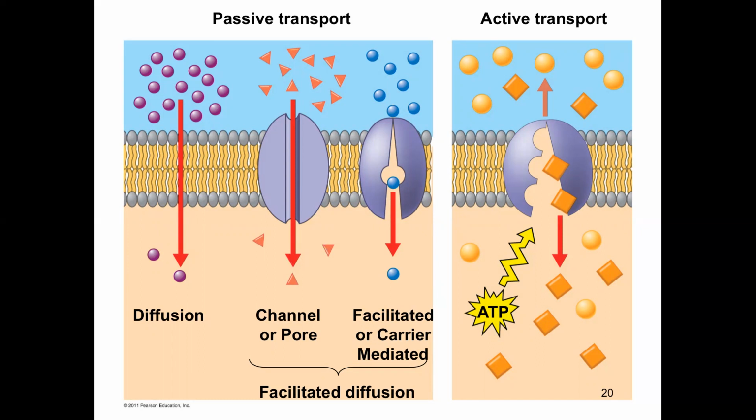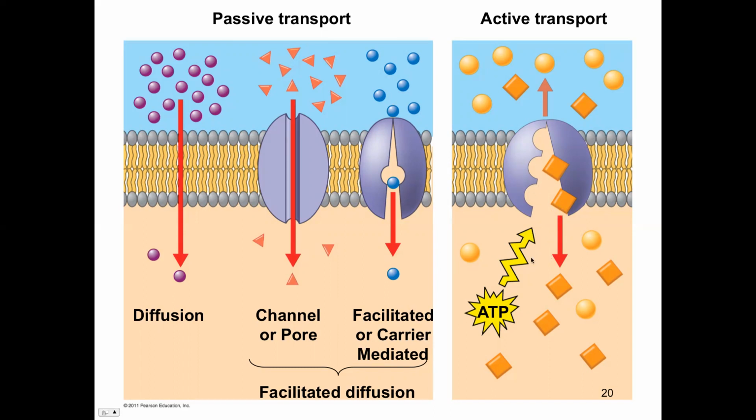And on the other side, if it's facilitated or carrier mediated and it's going against its concentration gradient and it needs ATP, we say that it is active transport. We don't refer to it as facilitated or carrier mediated, even though it is. We just call it active transport.